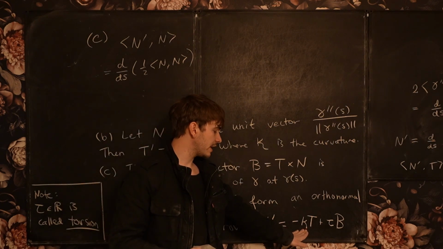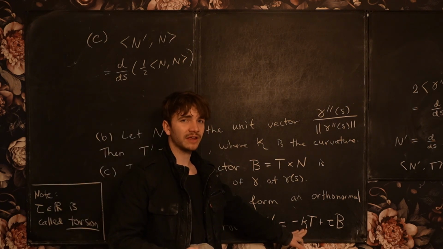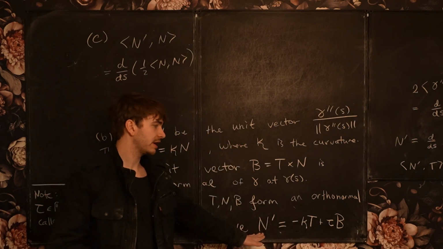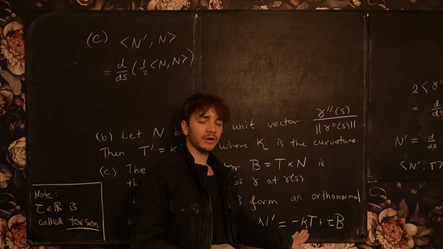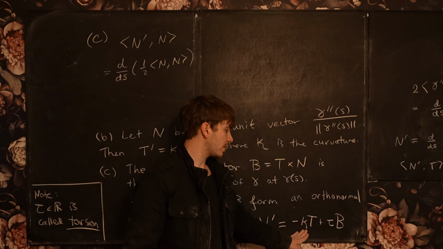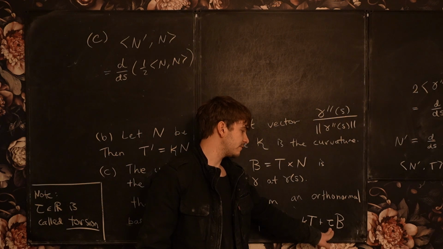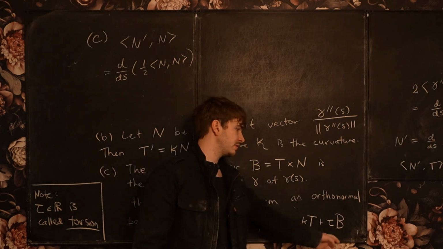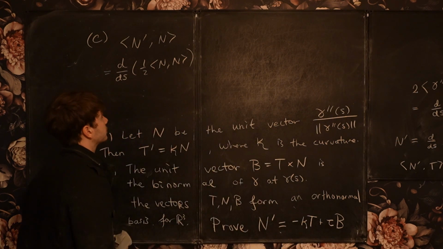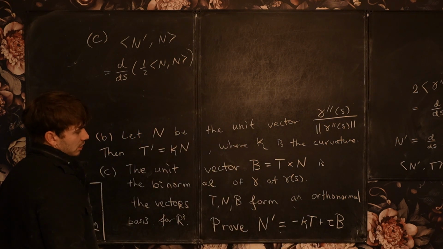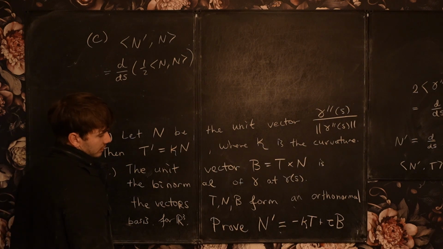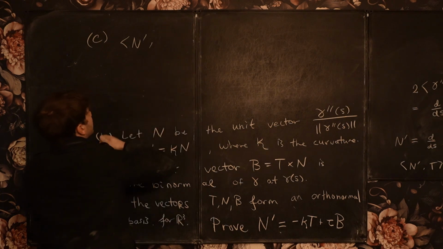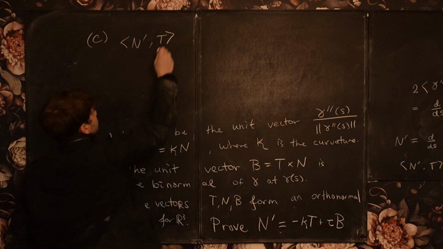Now we just need to show that the component in the t direction is negative kappa. Notice that tau is defined by this property, okay? So once we show that the component in the t direction is negative kappa, we're actually done, because tau is defined to be the component of n prime in the direction of the binormal vector, okay? Now let's look at n prime inner product with t.